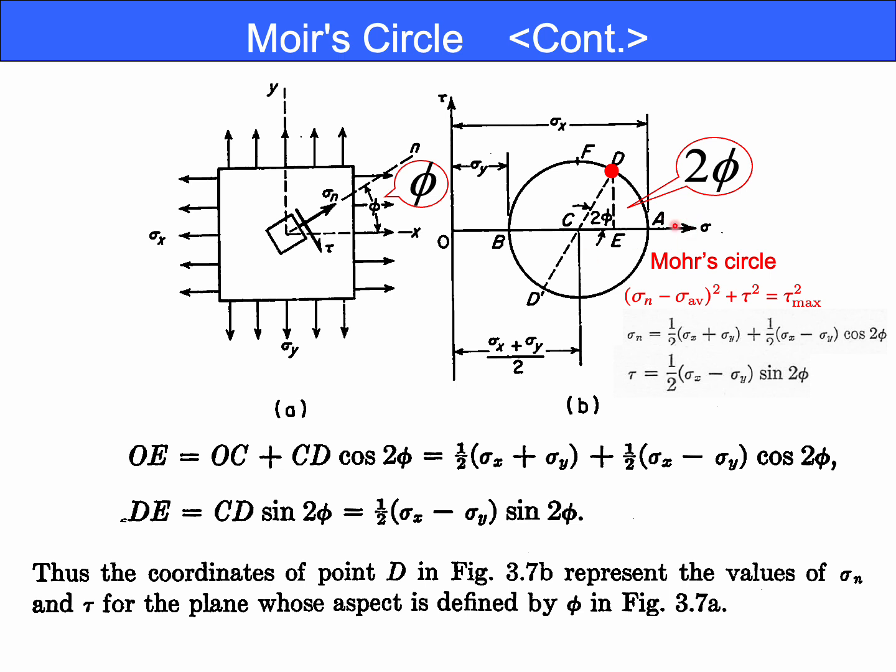The left half of Mohr's stress circle corresponds to the complementary stress, and the lower half of the circle represents the complementary stress.